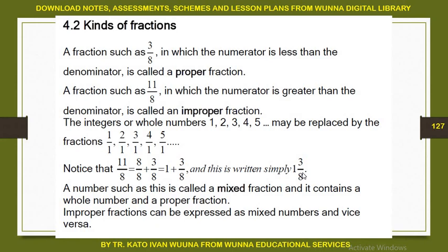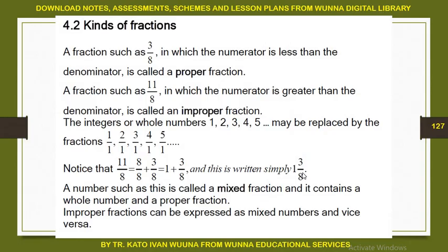We have seen 3 kinds of fractions. We have seen the proper fraction, whose numerator is smaller than, or less than, the denominator. Then our second type was the improper fractions, and in such fractions the numerator is bigger or greater than the denominator.